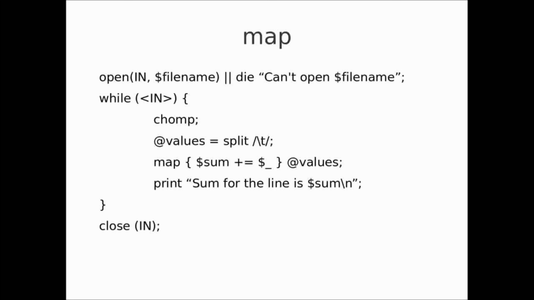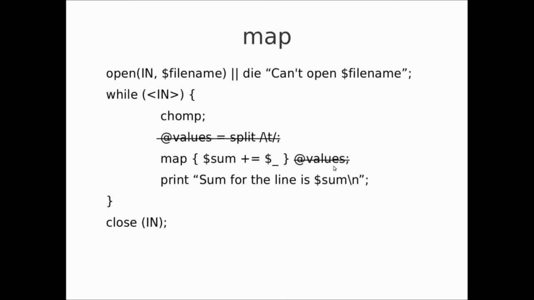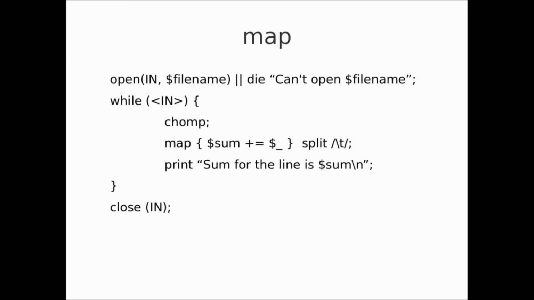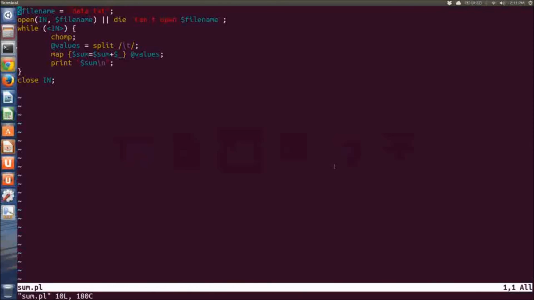However, we've got an array that we create here, and we use it immediately on the next line. So in fact, what we can do is get rid of this declaration where we declare an array and this line where we use that array and join those together into one line. We can just say, apply the map function to the output of the split. So when we go back to our piece of code, we can apply the map function to the output of our split.